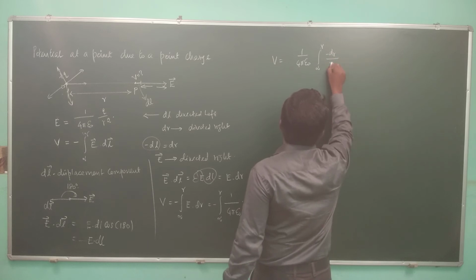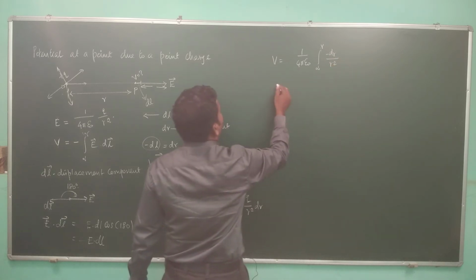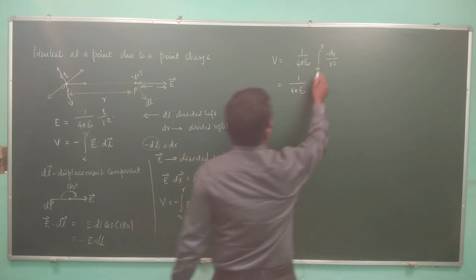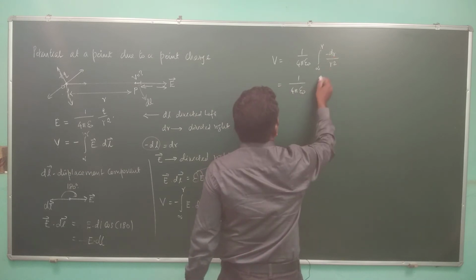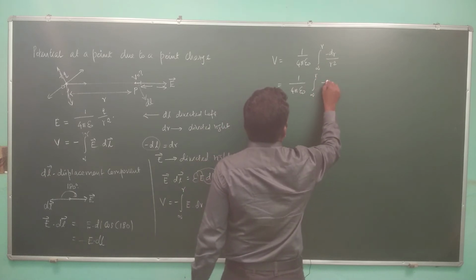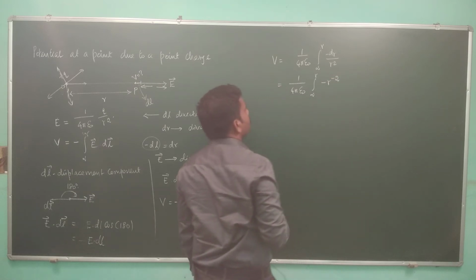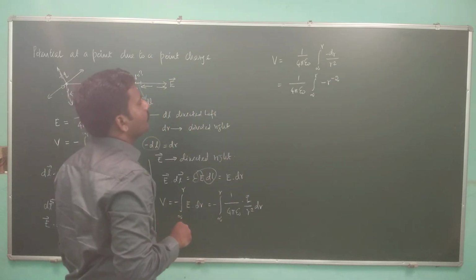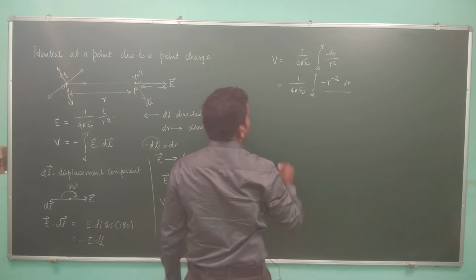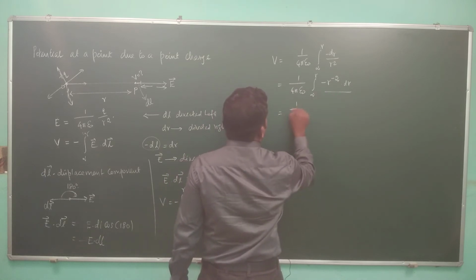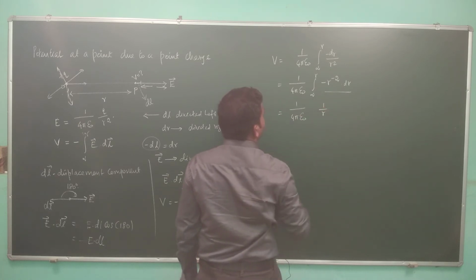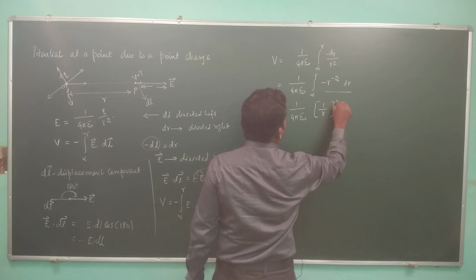Minus dr by r square, and this becomes 1 by 4 pi epsilon naught integration of minus 1 by r square, that becomes the integral from infinity to r of minus r power minus 2 into dr. If you integrate this, you will get 1 by 4 pi epsilon naught, and this will give you 1 by r, from infinity to r.